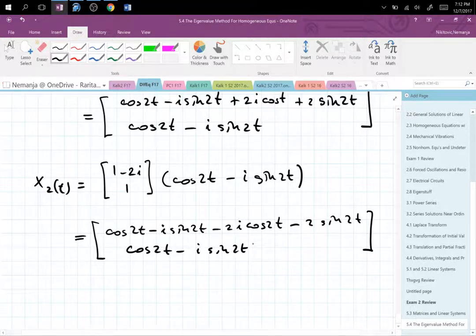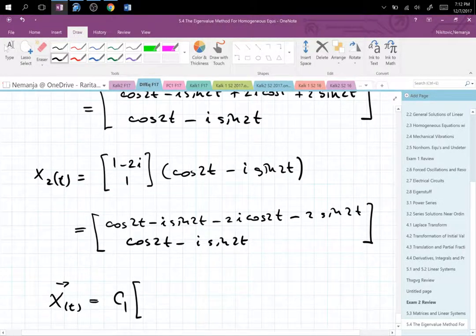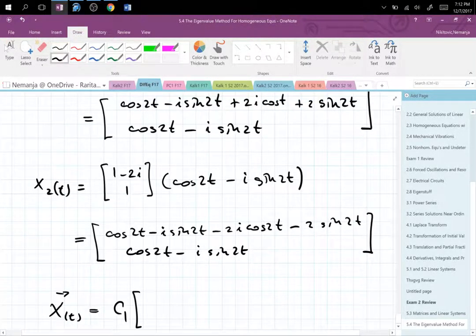So now for the solution, we keep the real parts. We have to remember to multiply by C1 and C2, and we also need to make sure that we are not including these because the real part of the eigenvalue is 0. So C1 times the matrix, we have cosine 2t plus 2 sine 2t, and then cosine 2t here.